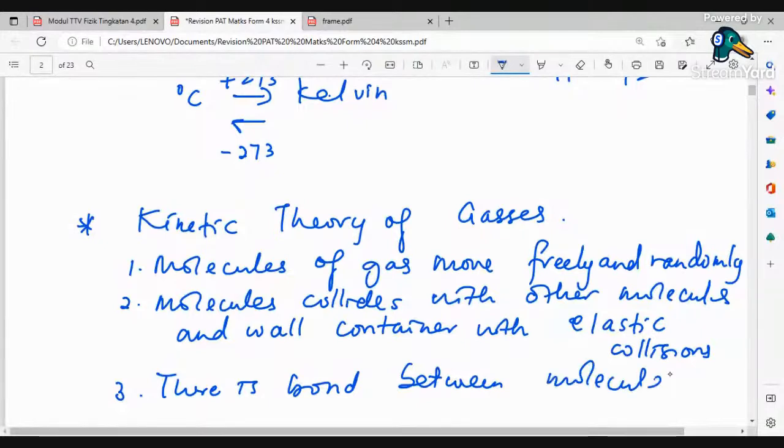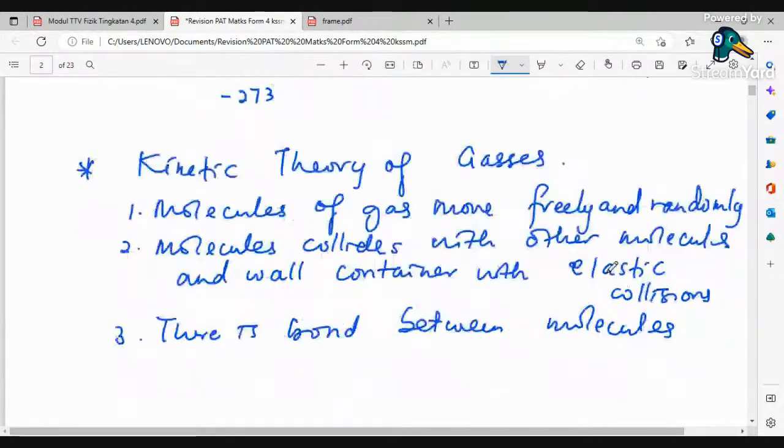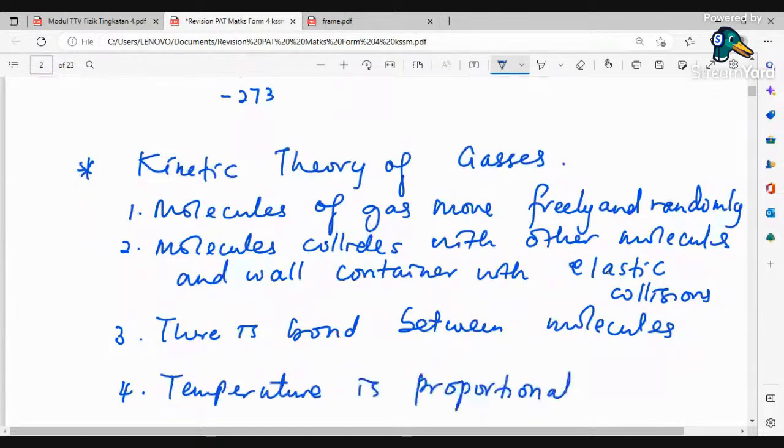And then another one is temperature is proportional to kinetic energy. And you explain, let's say, Boyle's law by using the kinetic theory of gases.